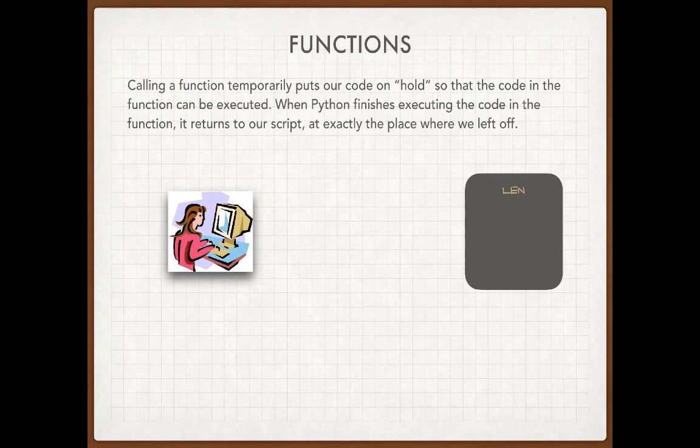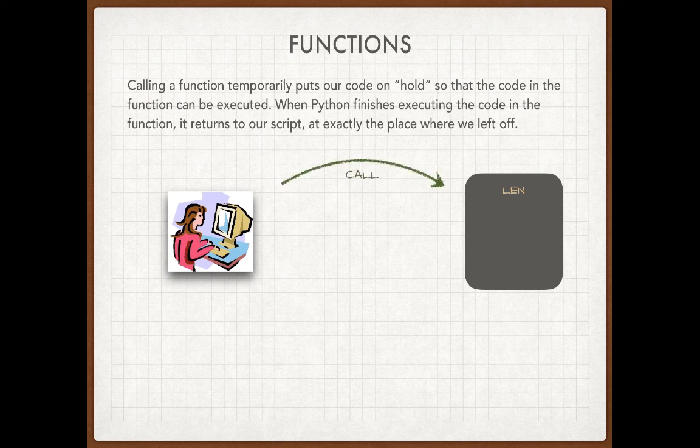Generally what happens, though, and this makes sense and you're probably already aware of it even though we haven't talked about it explicitly, is that when we call a function from our code, Python temporarily puts our program on hold and control or execution passes over to the function where execution happens before it returns to us.